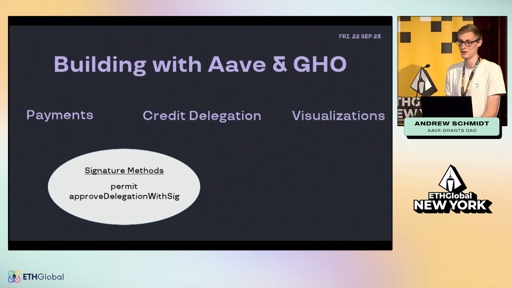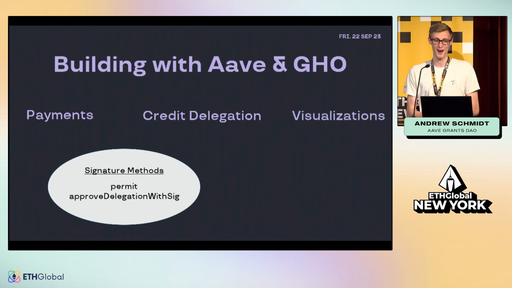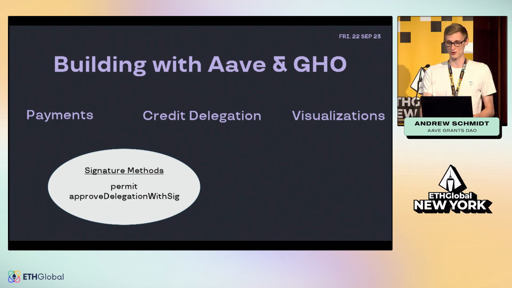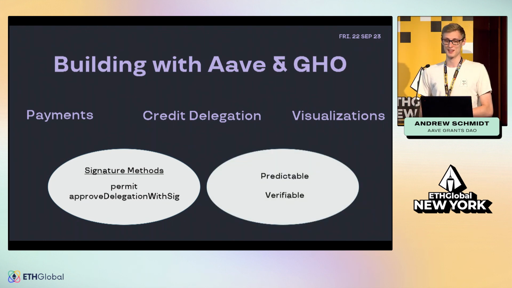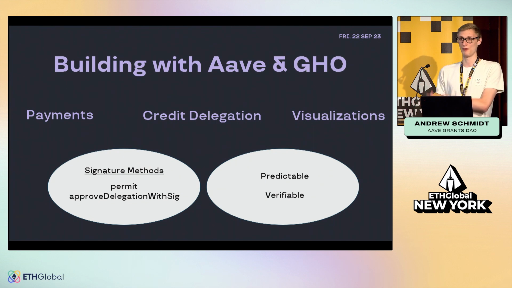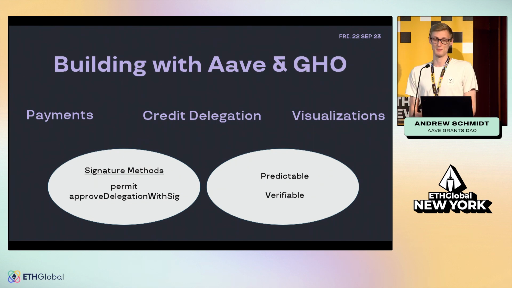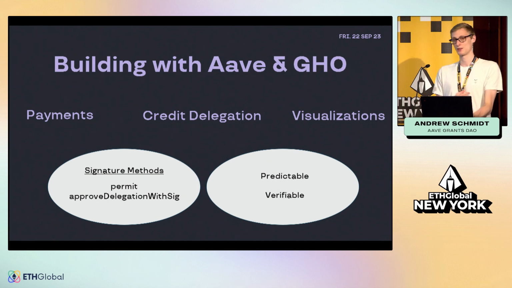And the last thing that I'll mention is visualizations. These are extremely powerful for two reasons. Because the Aave protocol and Go as a subset of that are predictable and verifiable. And what this means is that when you're doing a transaction with Go, or when you have Go inside of your wallet, the things which are occurring to that position are actually written inside of code.